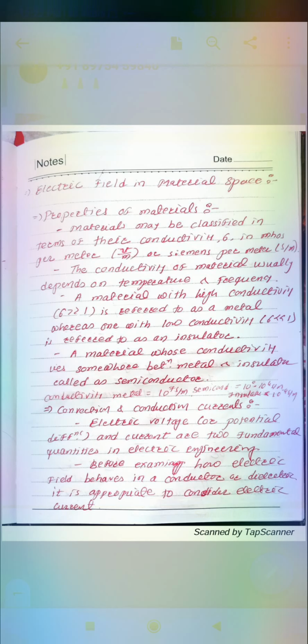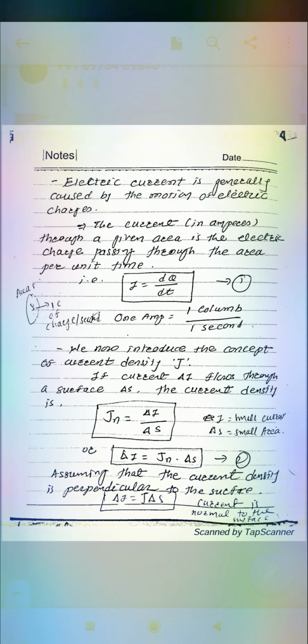Then electric current is generally the flow of the electrons. Here we consider electric current is generally caused by the motion of electric charge. The current is measured in ampere.